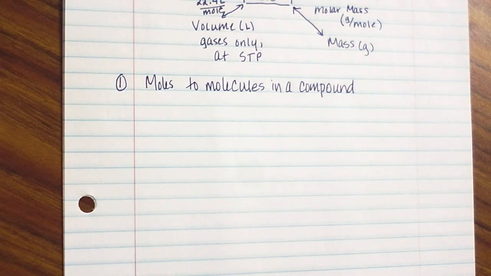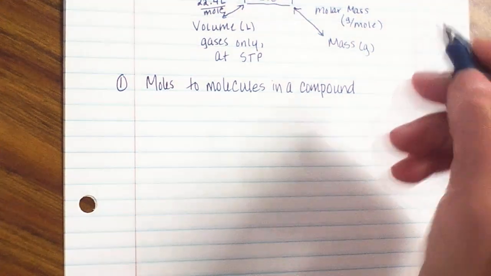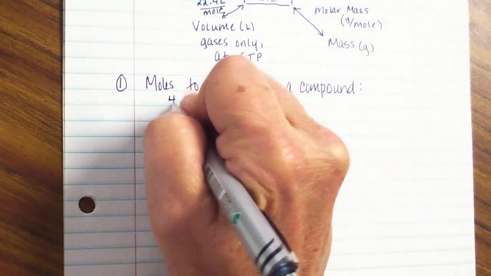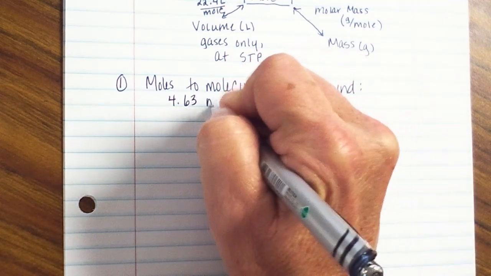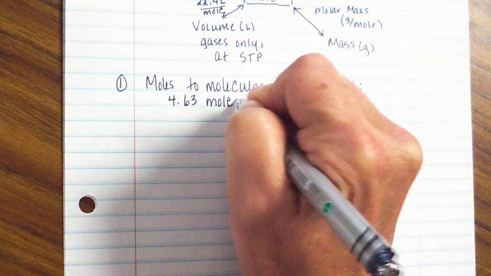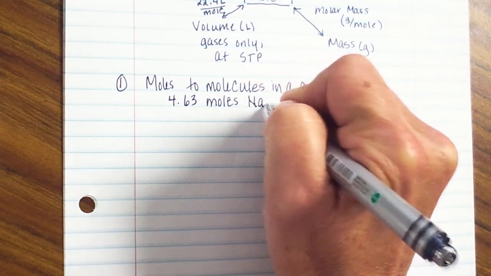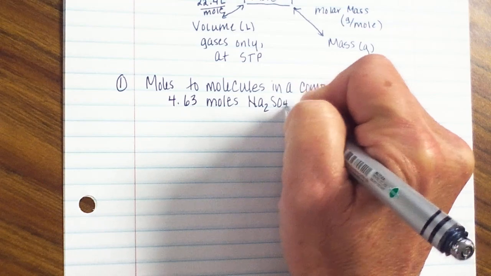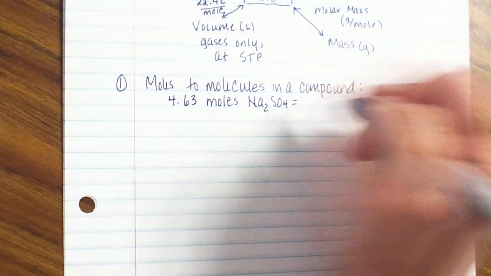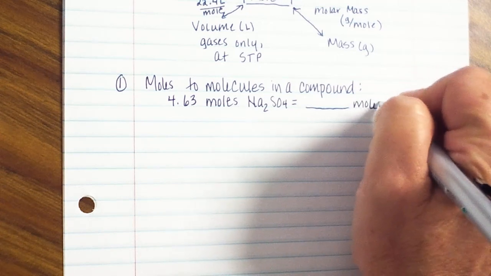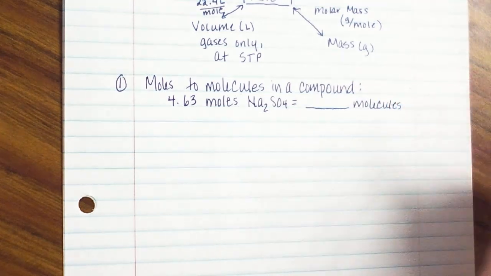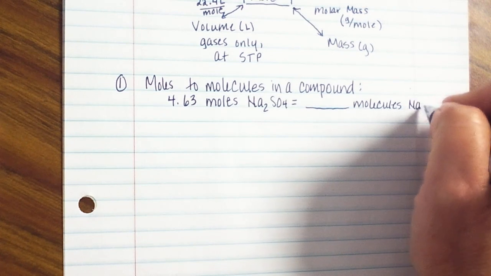So this is moles to molecules in a compound. My example is going to be 4.63 moles of sodium sulfate is equal to how many molecules of sodium sulfate?